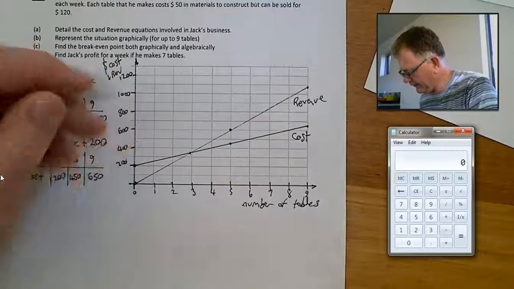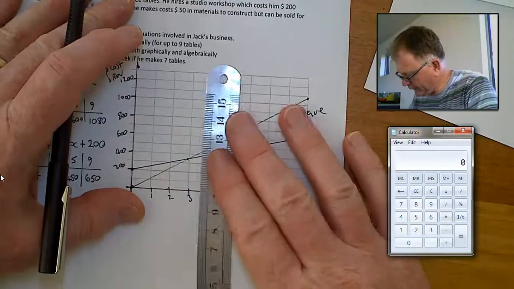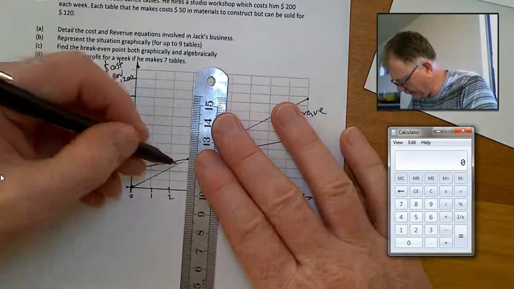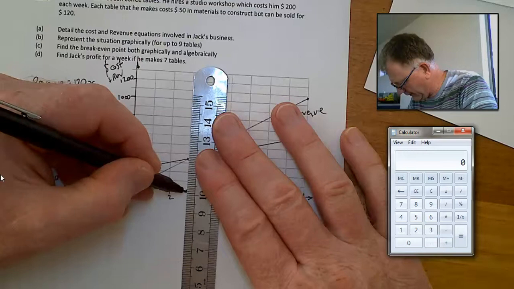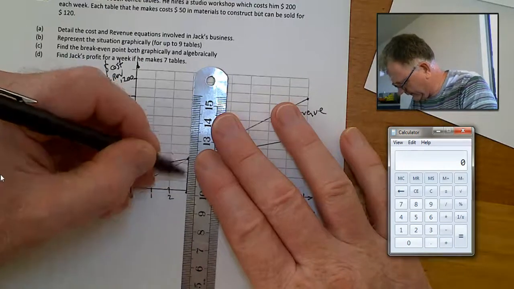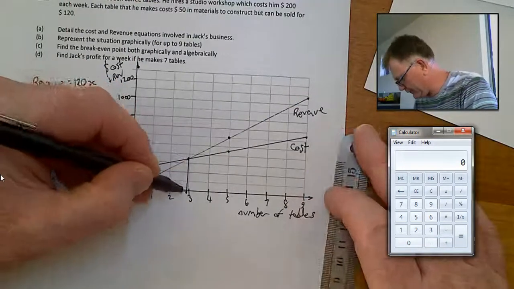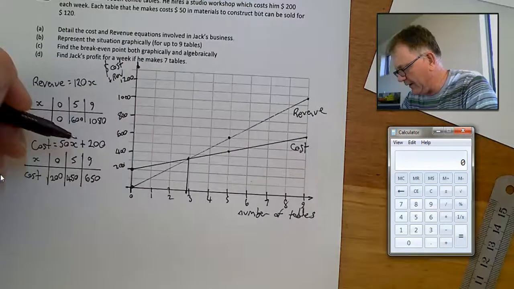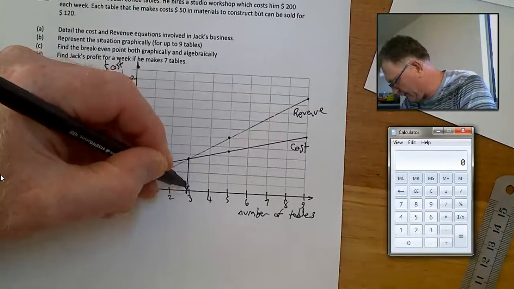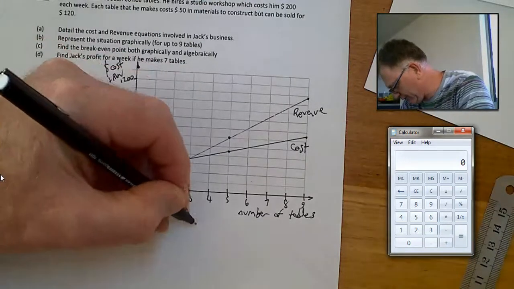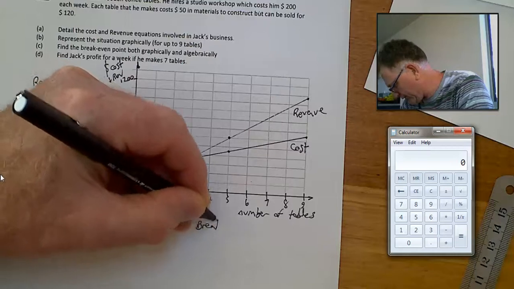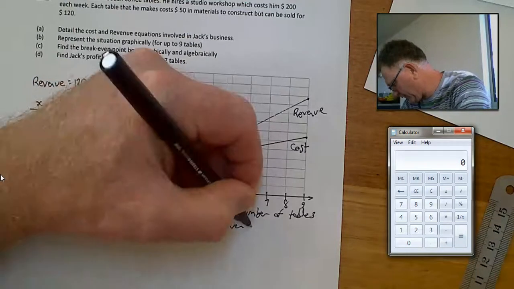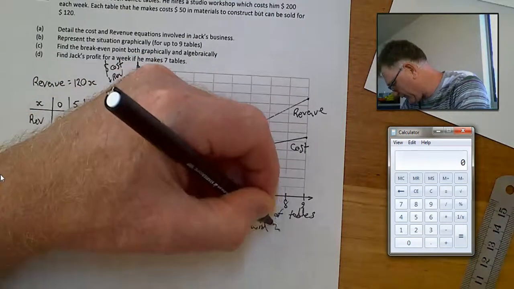And I think you can see graphically, just reading off our graph, if you produce it down to the x-axis, it looks like, well, nearly 3, about 2.9. The break even occurs at 2.9 tables.